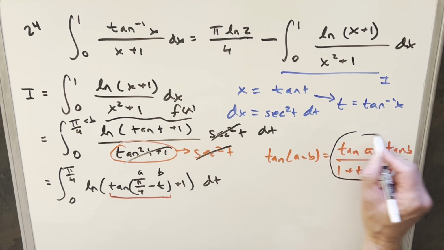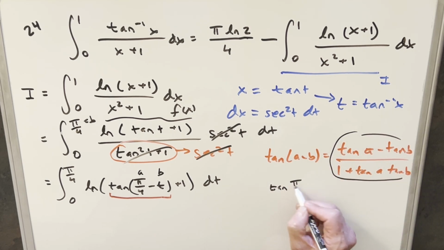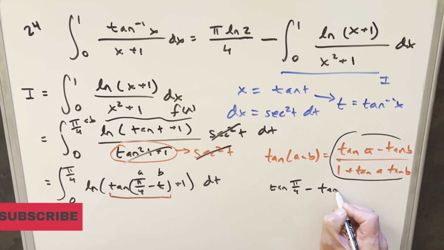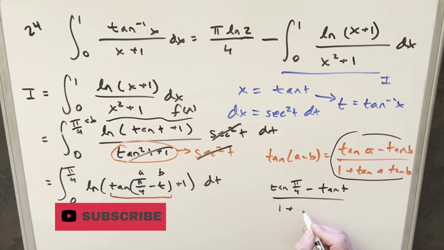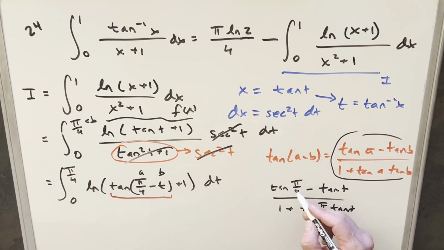So looking at this, we're going to end up with tan of pi over 4 minus tan t over 1 plus tan pi over 4 tan of t. Now tan of pi over 4 is just 1, so that's going away there, and that's going away there. So we just have 1 minus tan t over 1 plus tan t.